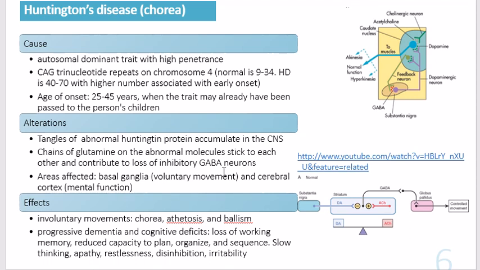But we also see issues with mental function, or cognitive deficits, because of alterations seen within the cerebral cortex and the death of the neurons in that area.